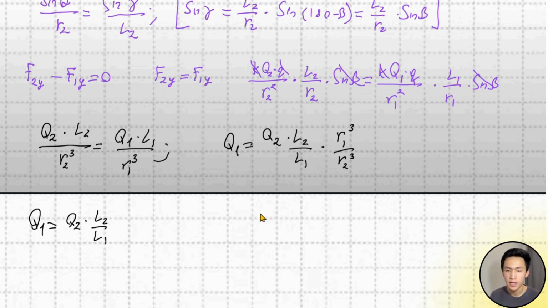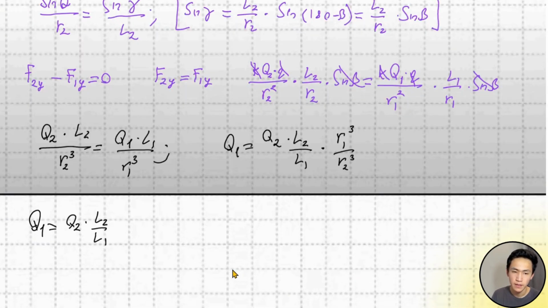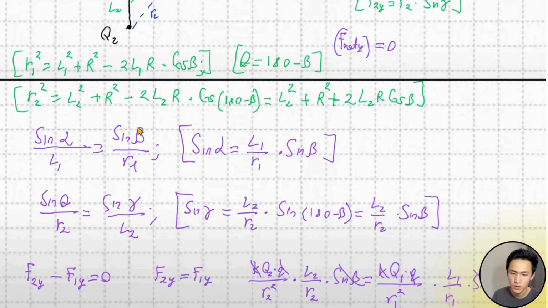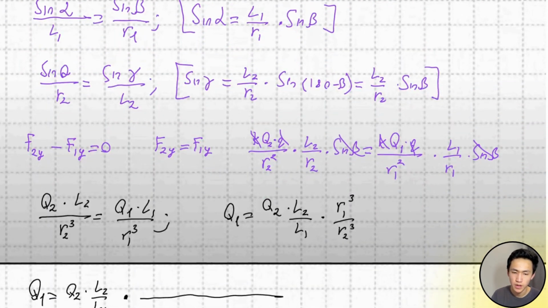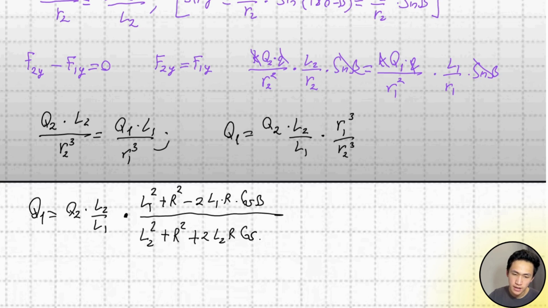The given values are here, and we just need to put in R1 and R2. R1 squared is L1 squared plus r squared minus 2 L1 r cosine beta, and below, L2 squared plus r squared plus 2 L2 r cosine beta.